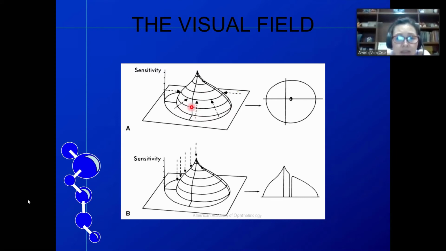Okay? And this is active when you have dark condition. At night, it is the rods. Assuming that you are in a dark environment, the rods are most active.